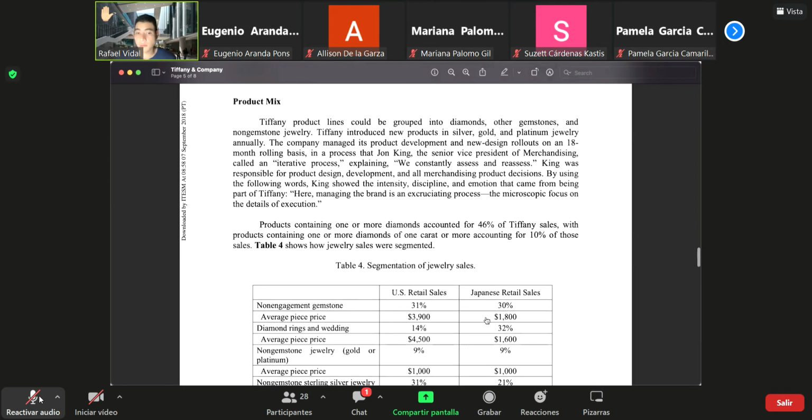That's why they don't buy diamond rings or even more expensive jewelry. They don't have the same brand recognition as US citizens have.